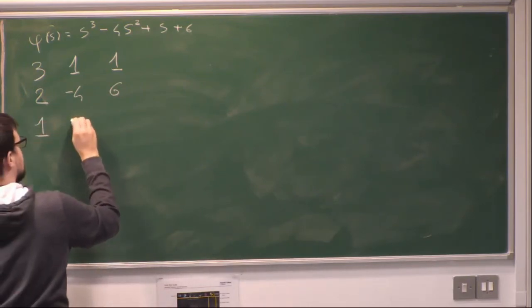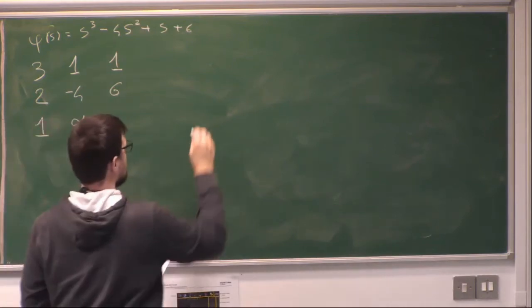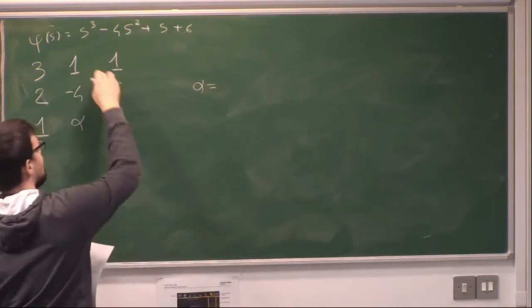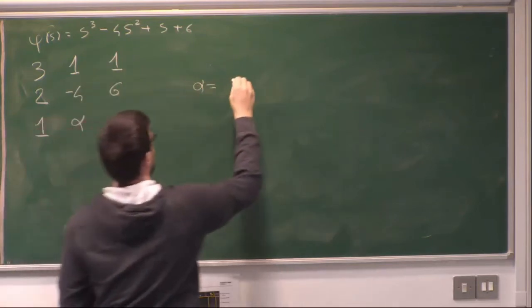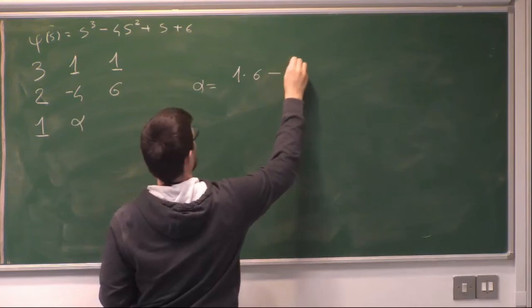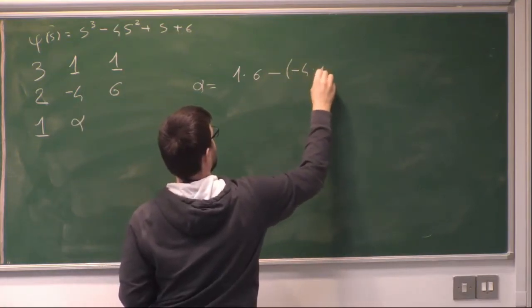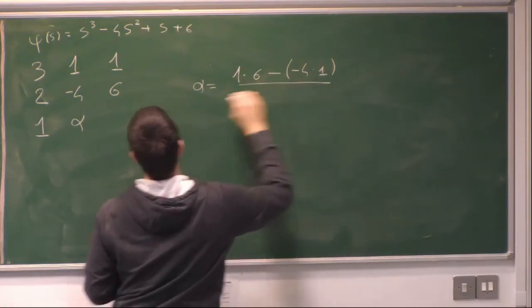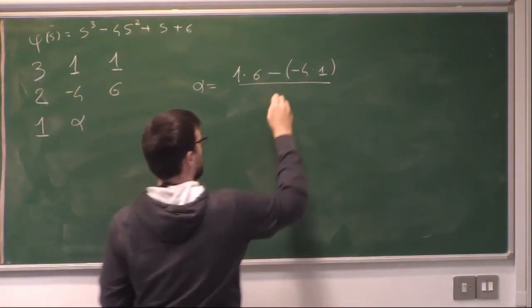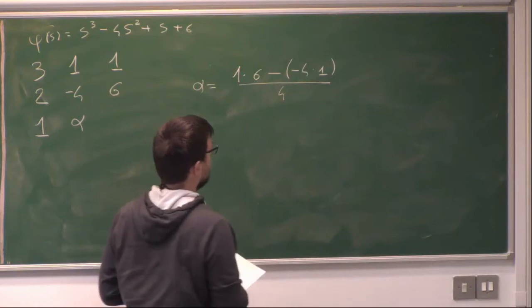Let's call this element alpha. Alpha is defined in the following way. It is the determinant of this matrix, so 1 times 6 minus 4 times 1, and then we have to divide this determinant by minus this value over here, so we divide by 4.